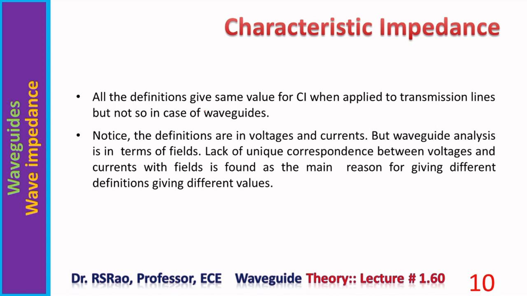Because of the lack of proper compatibility between voltages and currents with fields, this issue has come. The definitions are in voltages and currents, but waveguide analysis is in terms of fields. Lack of unique correspondence between voltages and currents with fields is the main reason for different definitions giving different values.